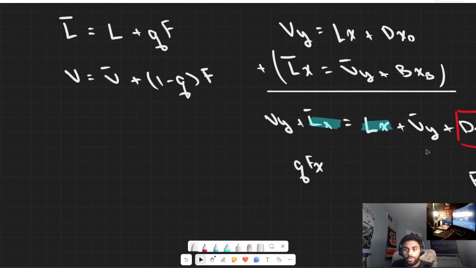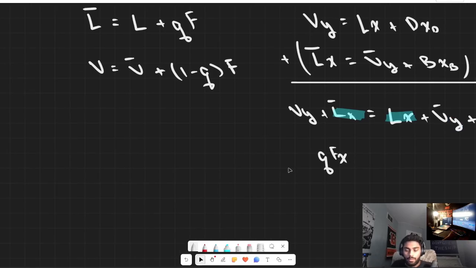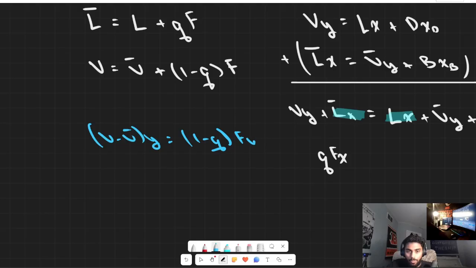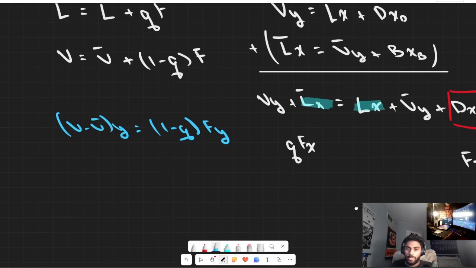And now we do the same thing here, where we have V minus V bar Y, which is going to be equal to 1 minus Q F Y. That looks right.